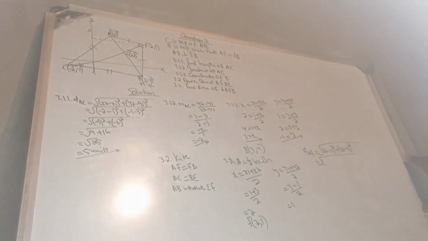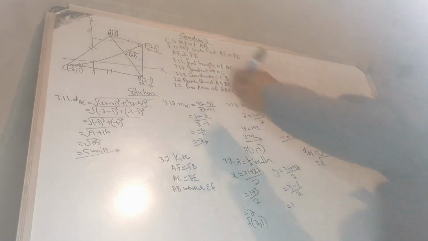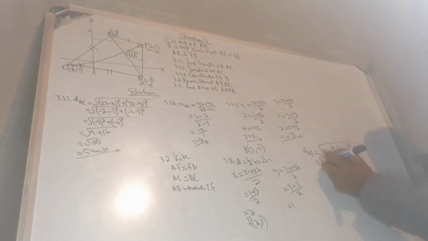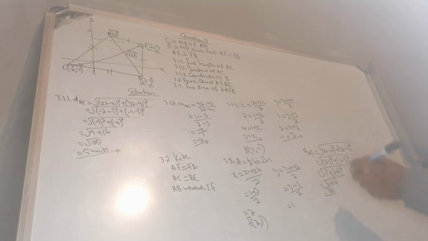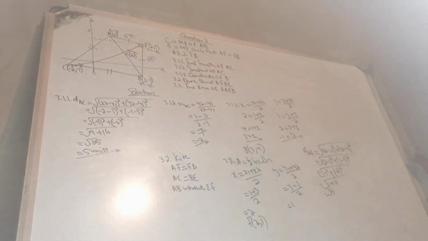Let's say this is x2, y2. This will be 2 minus 1 and 1 minus 3. This is 1 squared plus minus 2 squared. This is 1 plus 4, which is root 5. And if this is root 5, this is also root 5.